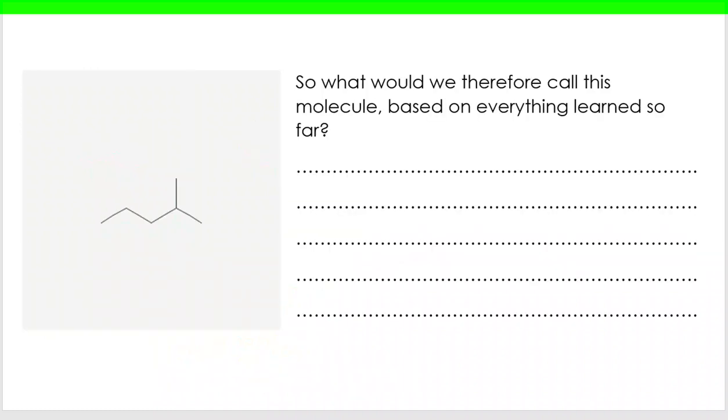So have a go at this one. Once again, you can see I've got 5 carbons. That means it's pentane, with a methyl coming off. Following the logic that we've done previously, there's a chance you've said 4-methyl pentane. But that is incorrect. It's a very common misconception and one we need to avoid, because we don't number the carbon chain from left to right.